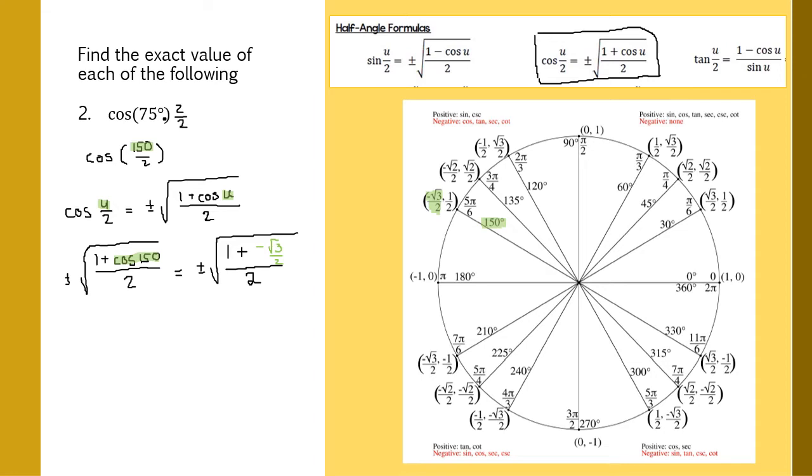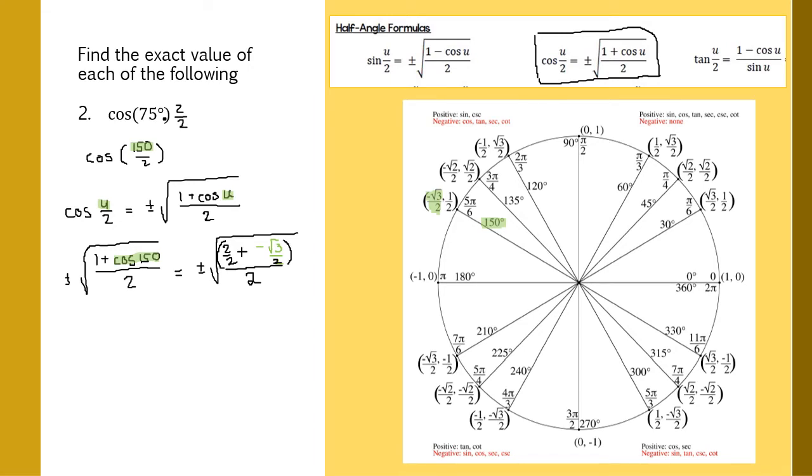And from here, we have some simplifying to do. So the first thing that you would take care of is your addition and subtraction, getting common denominators. I've got here a denominator of 2, so I'm going to get a common denominator with the 1. 1 is the same as 2 over 2. And then we can combine some like terms here in this numerator.